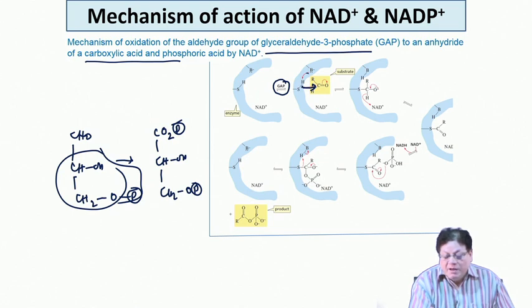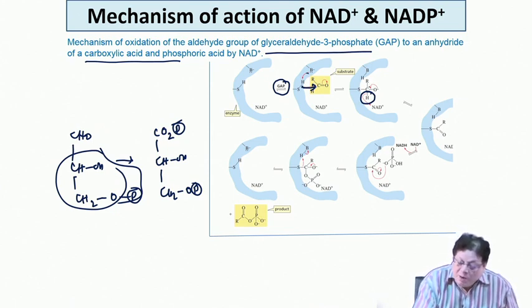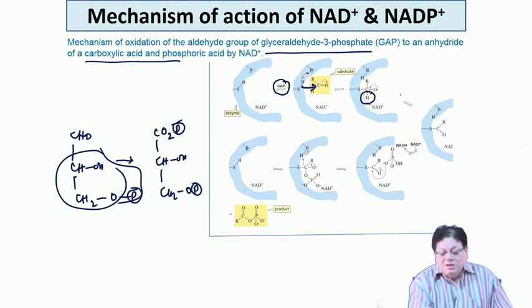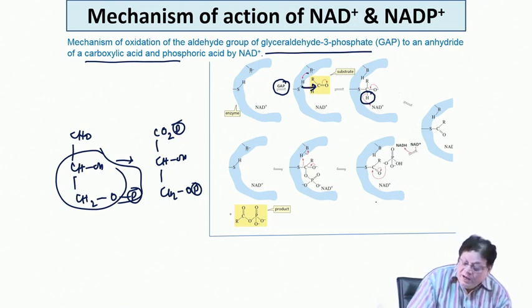That comes back, and now it is very similar to the Cannizzaro reaction. This O minus comes back and the hydride now goes to NAD plus. So, NAD plus becomes NADH.